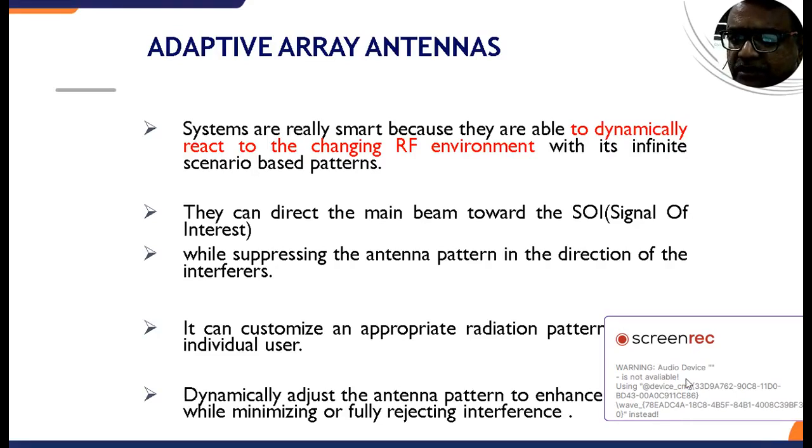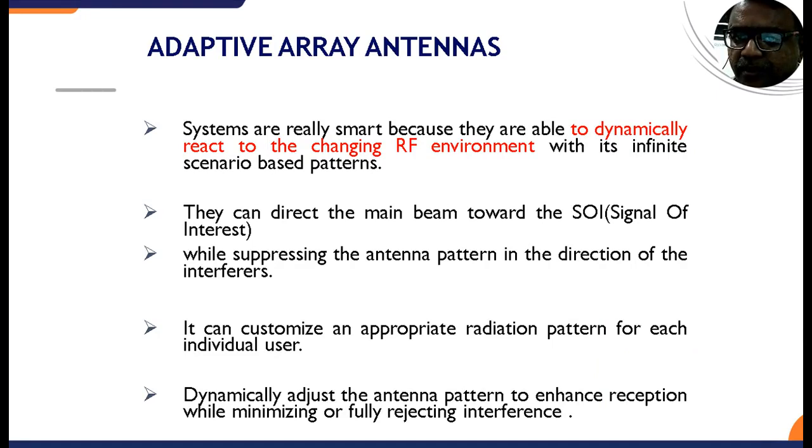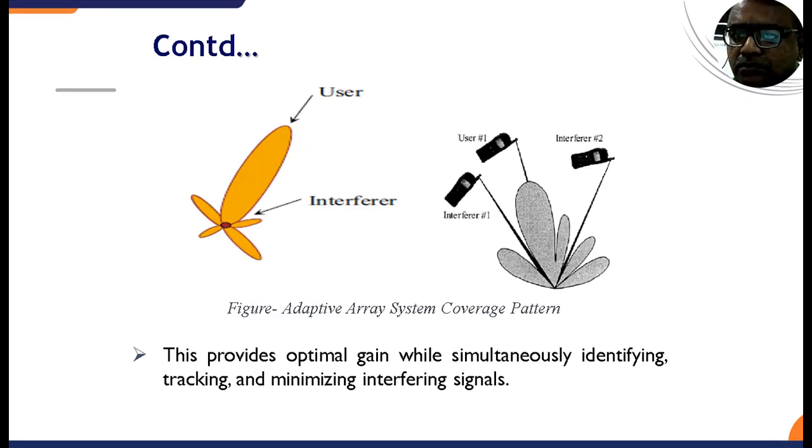It can customize an appropriate radiation pattern for each individual user. So it dynamically adjusts the antenna pattern to enhance reception while minimizing or fully rejecting interference. The adaptive antenna array can adaptively change the beamforming position. This provides optimal gain while simultaneously identifying, tracking, and minimizing the interfering signals.